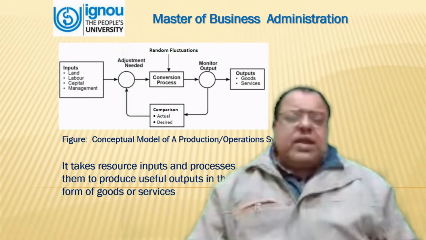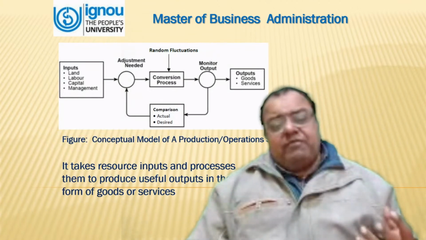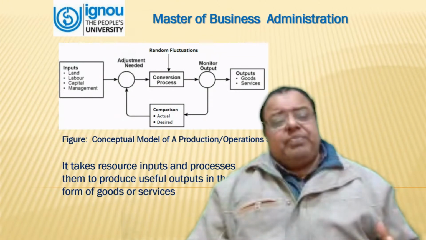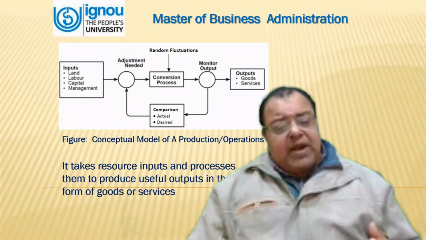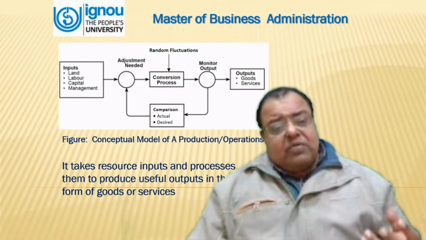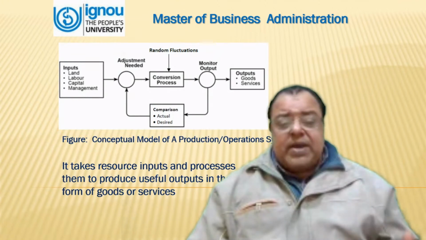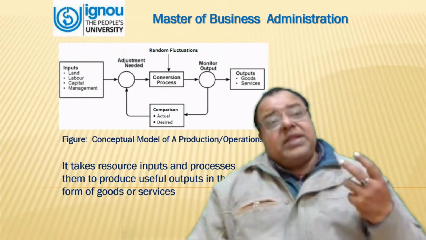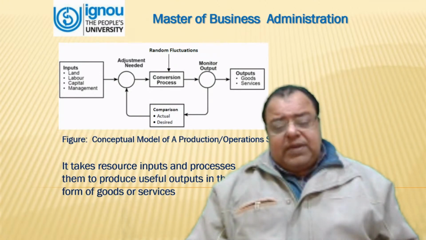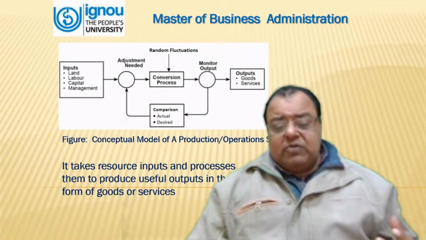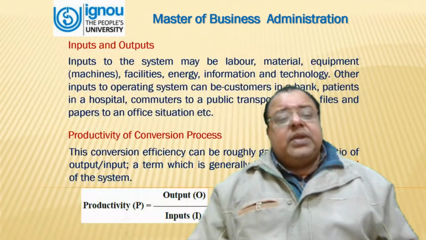Here we can see that in the conversion process, there are random fluctuations, and that needs to be monitored. And if required, we have to adjust them. And this can only be done when we compare the actual one with the desired one. It takes resource inputs and processes them to produce useful outputs in the form of goods and services.